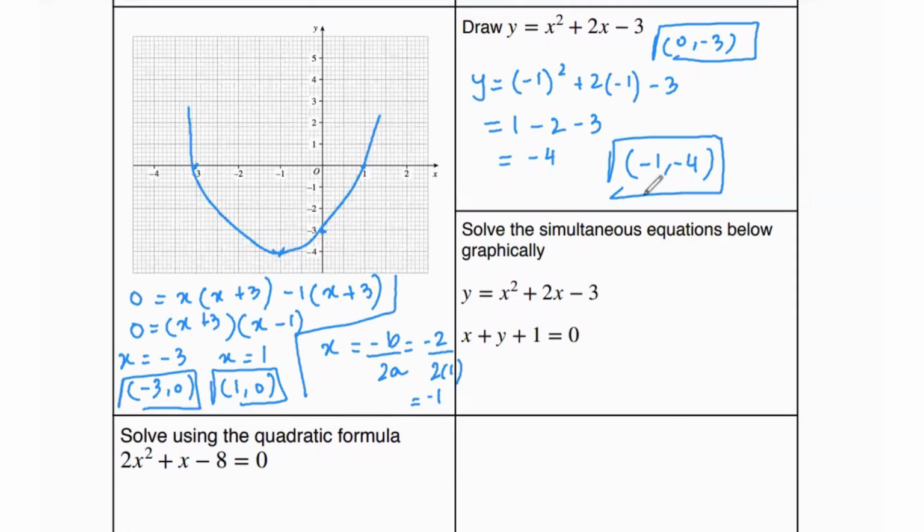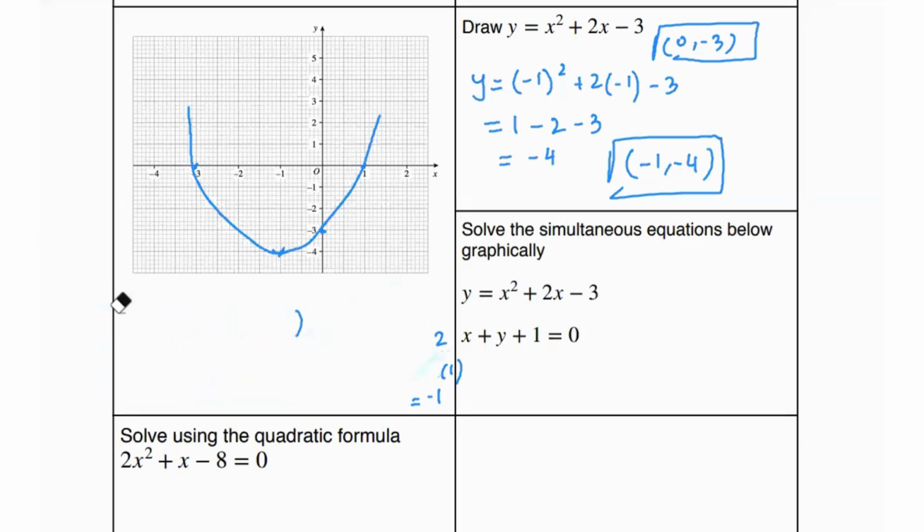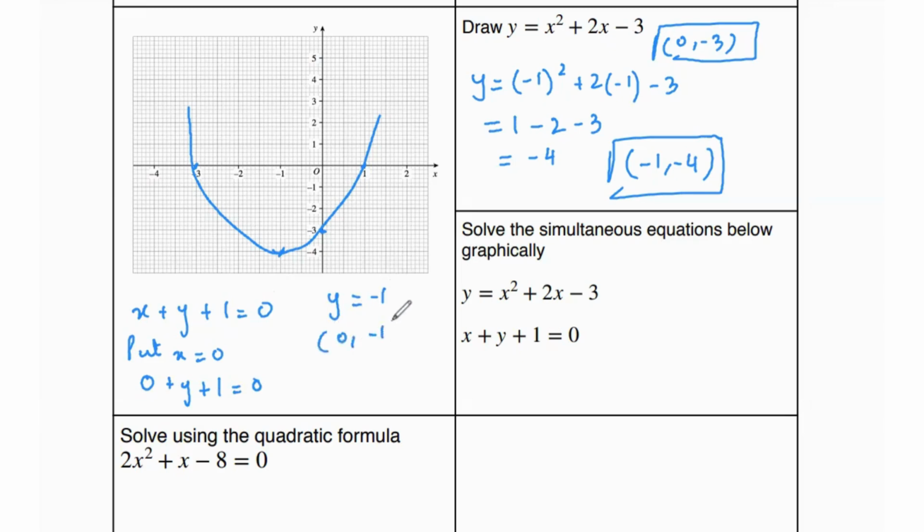First we need to sketch the graph of the linear equation, x plus y plus 1 equals 0. Let's put x equals 0. So 0 plus y plus 1 equals 0, which means y equals -1. So one point is (0, -1).